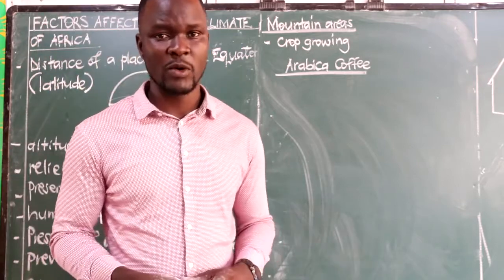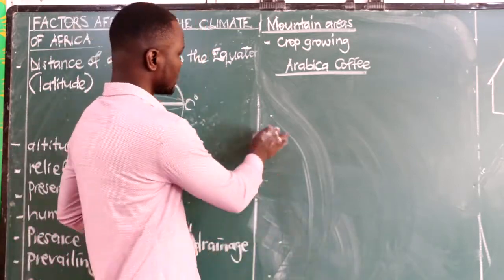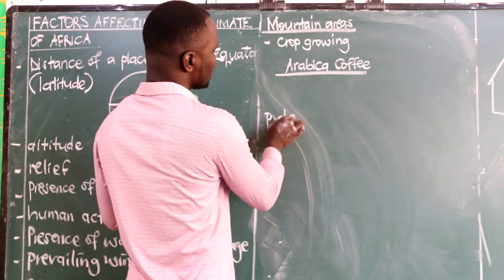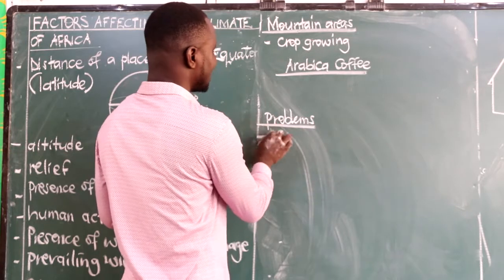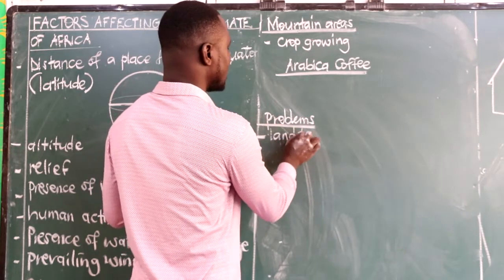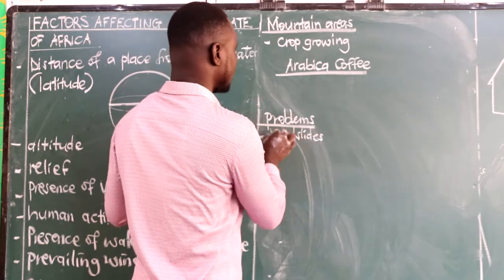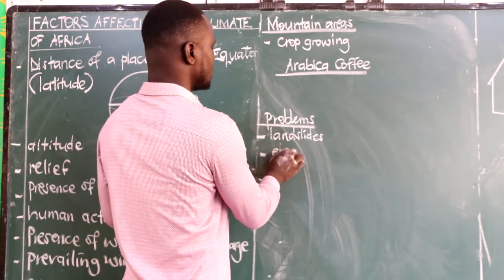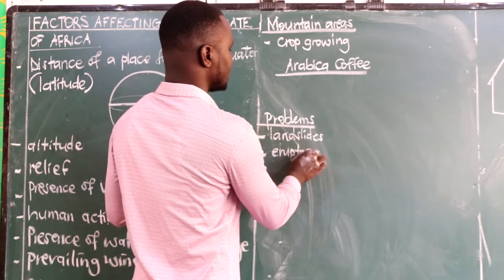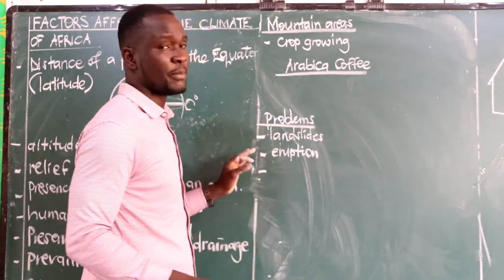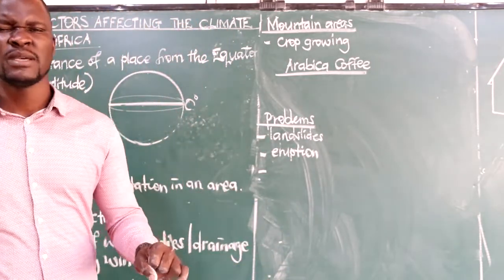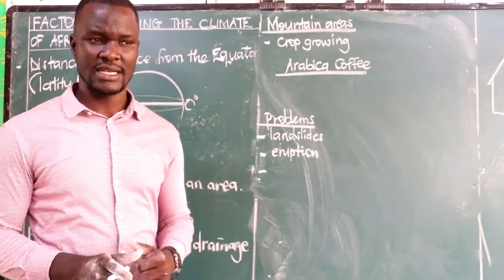Problems facing people who live in such areas, the mountainous areas. Of course, when you look at the problems, we go to problems like landslides. That is number one. Landslides can occur. Eruption might occur. Some mountains can erupt. Then we have a problem of people becoming very many in that area.